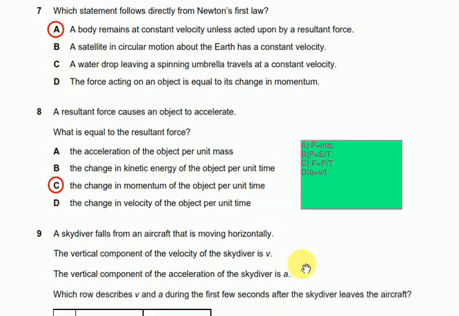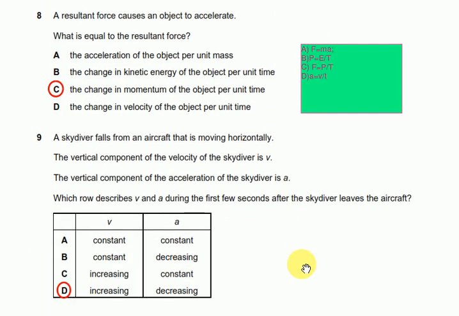Question number 9. A skydiver falls from an aircraft that is moving horizontally. The vertical component of the velocity of the skydiver is v. The vertical component of the acceleration of the skydiver is a. Which row describes v and a during the first few seconds after the skydiver leaves the aircraft?